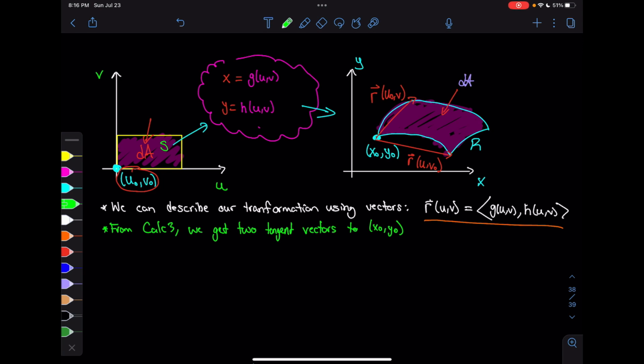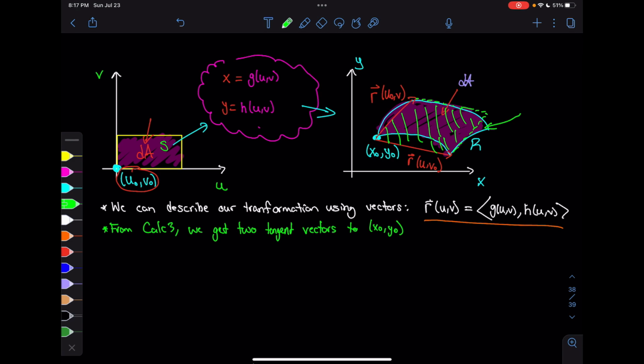And if we get two tangent vectors to x0, y0, we can create a parallelogram and come up with the area of this parallelogram. And on a microscopic scale, the area of this parallelogram and the area of this curved dA are the exact same thing.